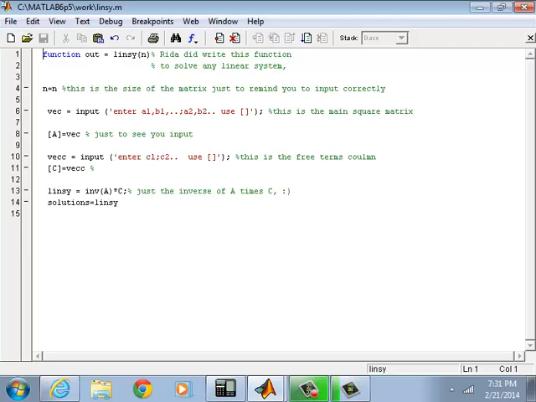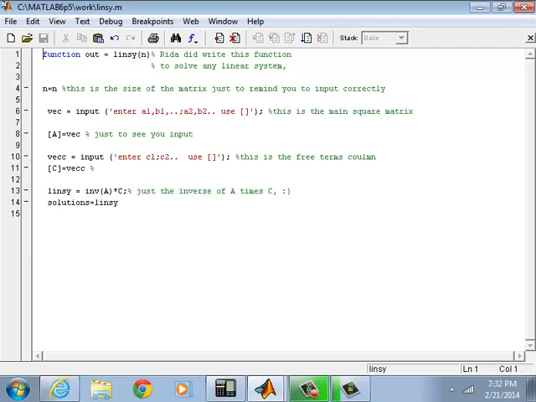Define n, define a vector. That vector is actually a square matrix. You are going to put the coefficient of x, then next to it the coefficient of y, and then a semicolon, which is the second row: coefficient of x, which is a2, next to it the coefficient of y.